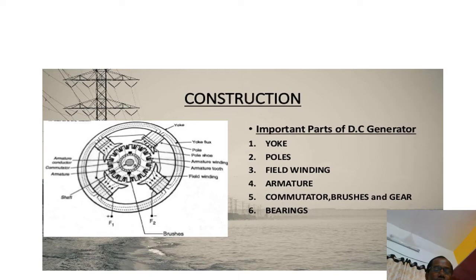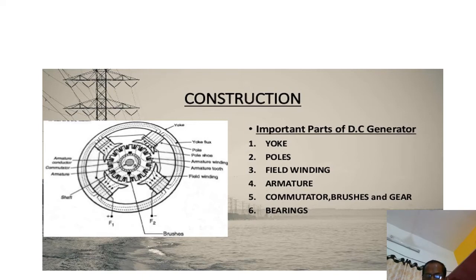So this is shaft. This is where the commutator segments are placed. We are observing the construction details of the DC generator. One by one I am going to discuss the DC generator.